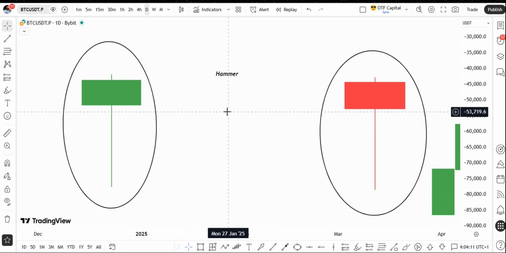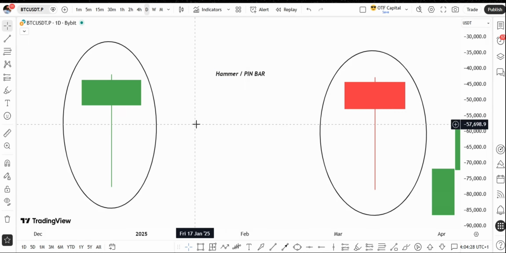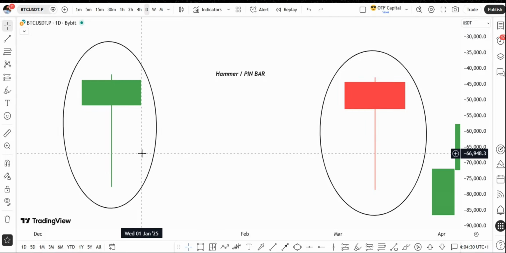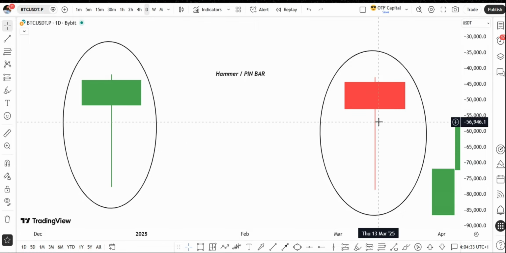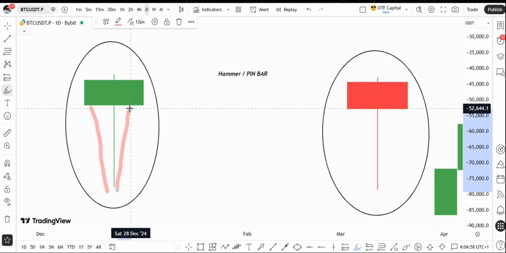Another type of individual candle is the hammer or pin bar. It shows that the buyers regained control, both on the bullish version and the bearish version. It means that there was an initial sell-off from the sellers, then the buyers regained control.